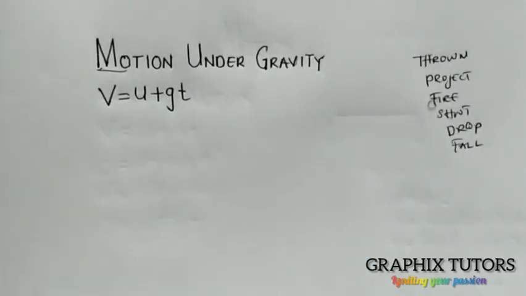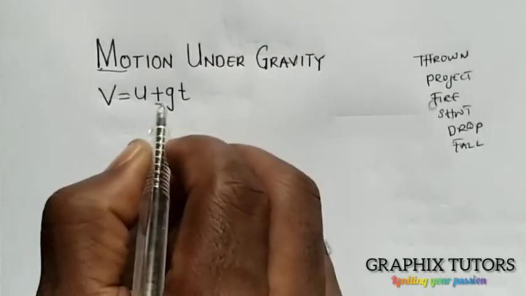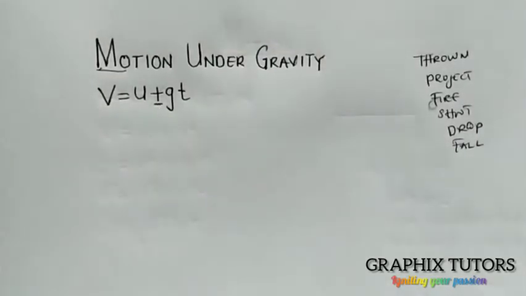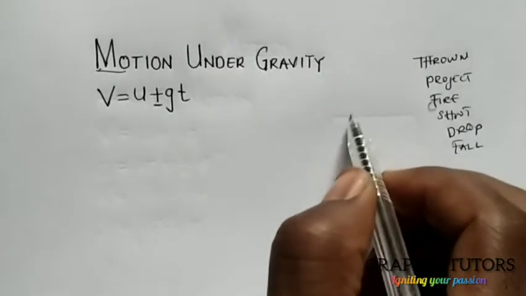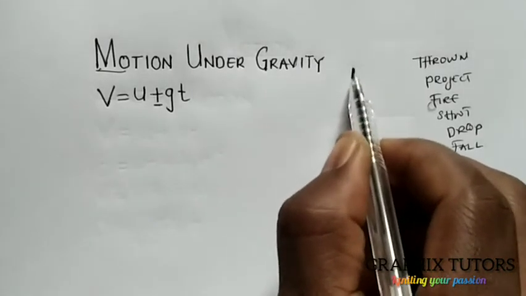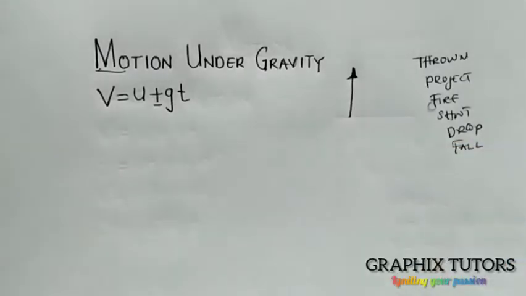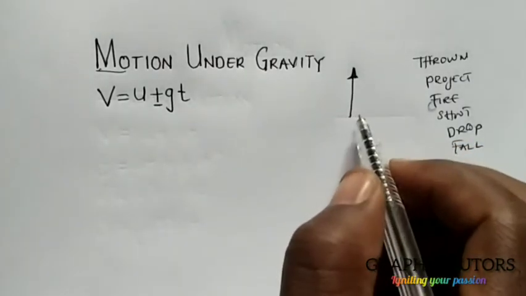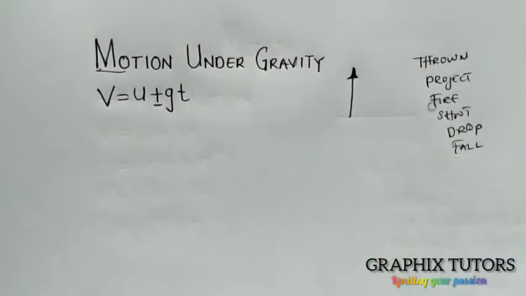So from here, it can be plus or minus. Now you'll be wondering, why am I using plus or minus? If the object is opposing gravity, that is, if it's going up, that is its opposite, I throw an object up. Since it's opposing gravity, gravity will be pulling it down.